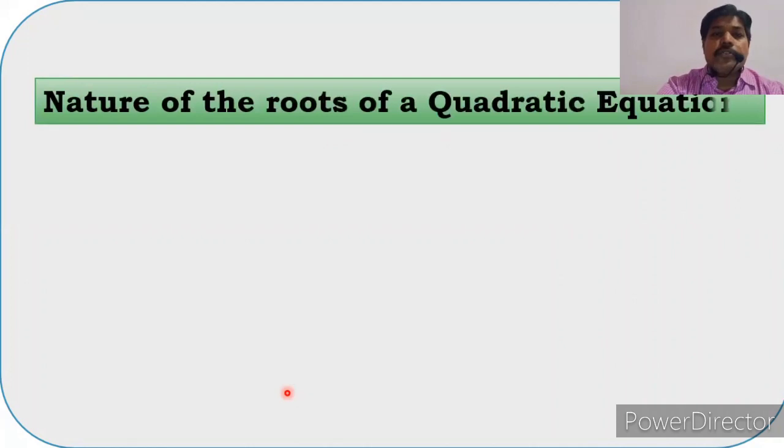Next we are going to discuss the nature of the roots of a quadratic equation. The nature of the roots means that without finding the roots, we can determine what the nature of the roots is. So what is that?